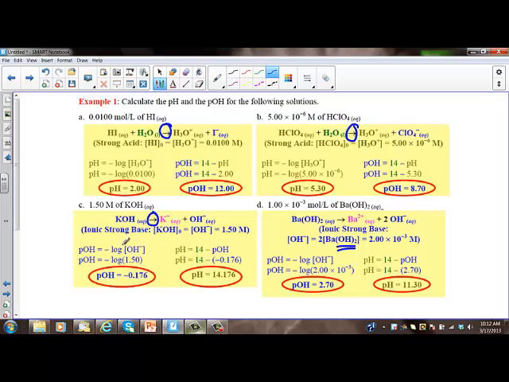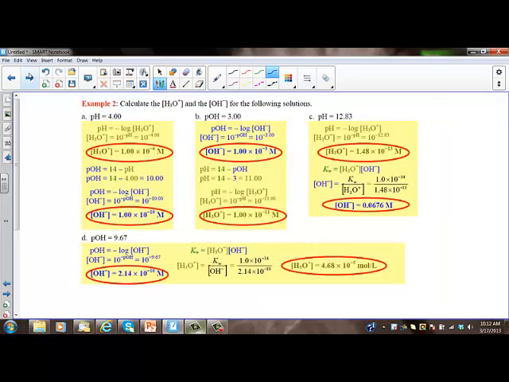Now I'm going to do a couple of examples of finding the concentration from the pH and the pOH, and then I'm going to let you play in the table. So here you're asked to calculate the hydronium concentration and the hydroxide concentration for the following solutions. So if I have a pH of 4, remember that my pH is equal to the negative log of my hydronium concentration.